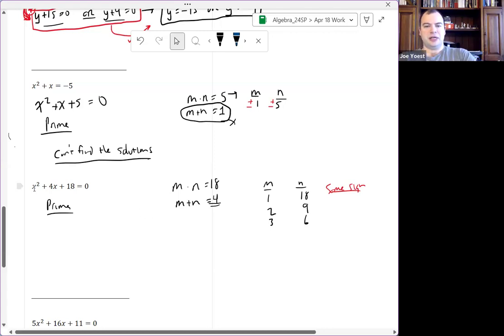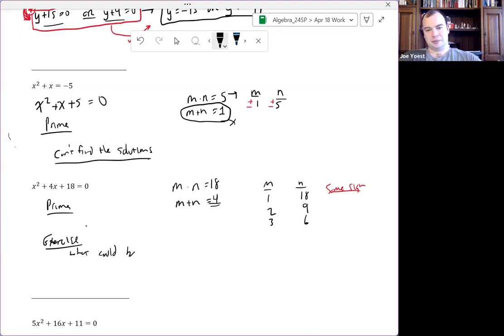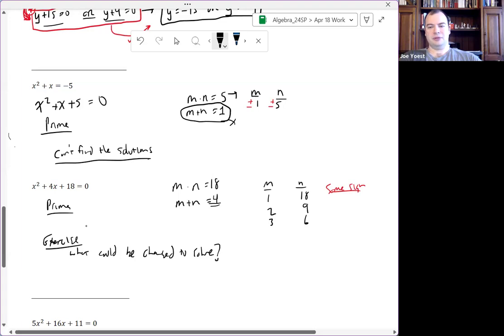Maybe for this second one, kind of an interesting question is, what change could I make to this problem to make it solvable with this method? So it's kind of an exercise. What could you change in the problem to make it solvable?